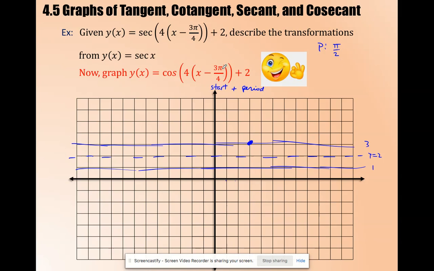So if I start at 3 pi over 4 and I add pi over 2, this is actually how many fourths? Isn't this 2 pi over 4? So I'm going to end at 5 pi over 4. Add 2 pi over 4s to 3 pi over 4, and that's 5 pi over 4s.